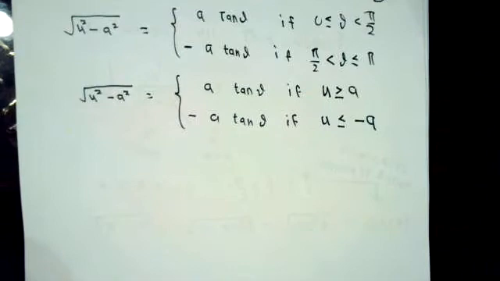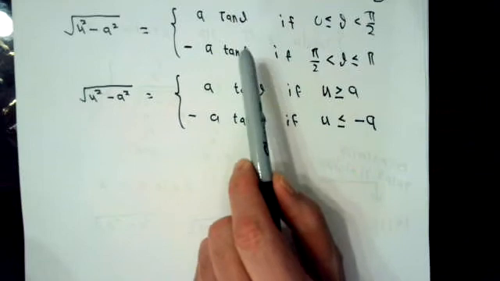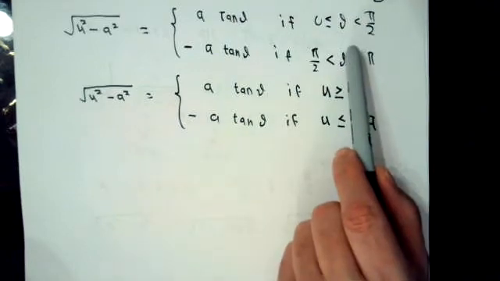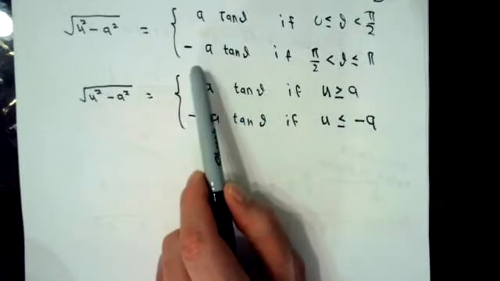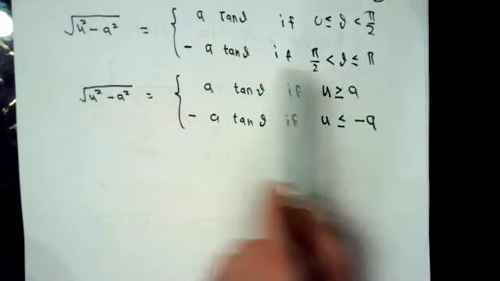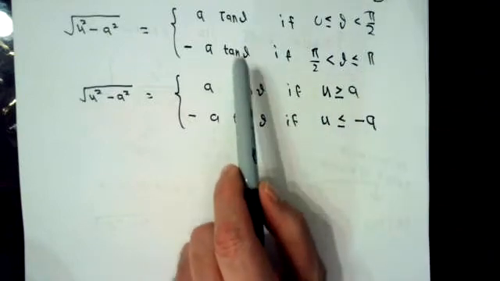So putting all these pieces together, radical u squared minus a squared, when we let u equal a secant of theta, is going to be a times tangent of theta if theta is between 0 and pi over 2, and it's going to be negative a times tangent theta otherwise. Tangent of theta will be negative.